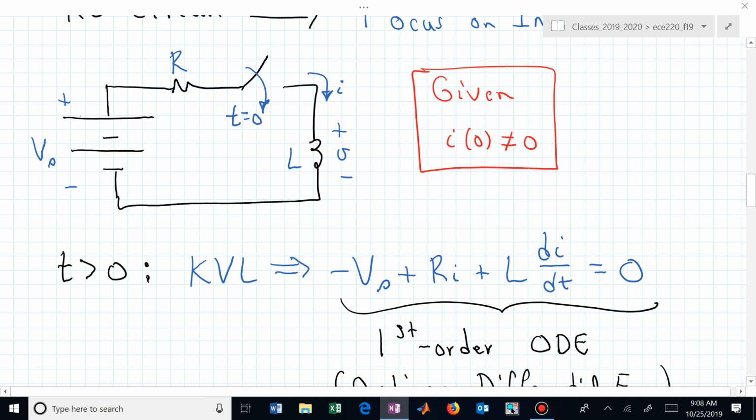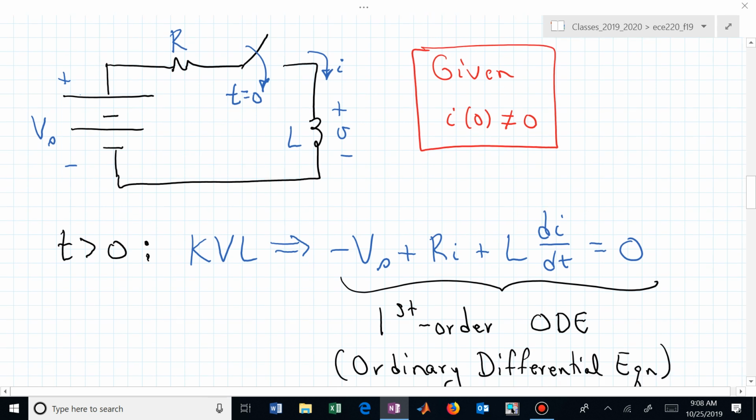We can write KVL and rely on ELI to give us that L di/dt. That's the voltage dropped with the passive sign convention, consistent with the way that we've referenced the current direction. This is now minus V_S plus voltage dropped across the resistor is Ri, plus the voltage dropped across the inductor is L di/dt. That's a first order ODE.